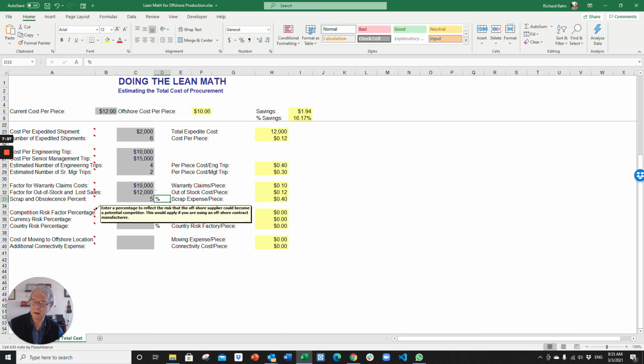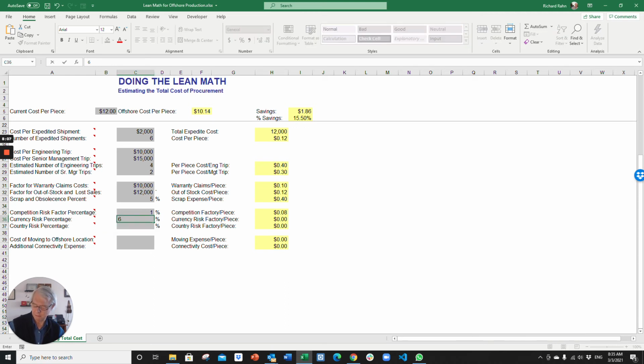Now, here's some other ones that are very interesting. Competition and risk factor. So percentage to reflect the risk that the offshore supplier could become a potential competitor. Well, it depends on how well you know them and trust them. Let's put in a small factor there, though. And then currency risk, that could be more risky, because if there's a change in the exchange rate with this foreign country, that could actually drive things up significantly.